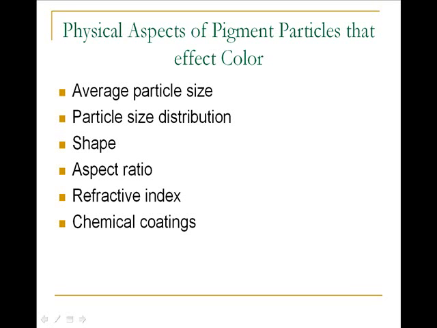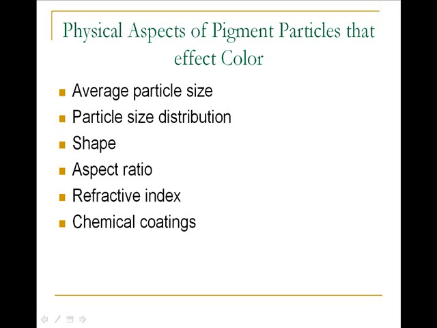Also, a physical aspect that's important is the shape of the pigment particle, whether it's round or square, platelet, those sort of things. And part of the shape is the aspect ratio, and that's the relative size of one side of the particle towards the adjacent side of the particle.